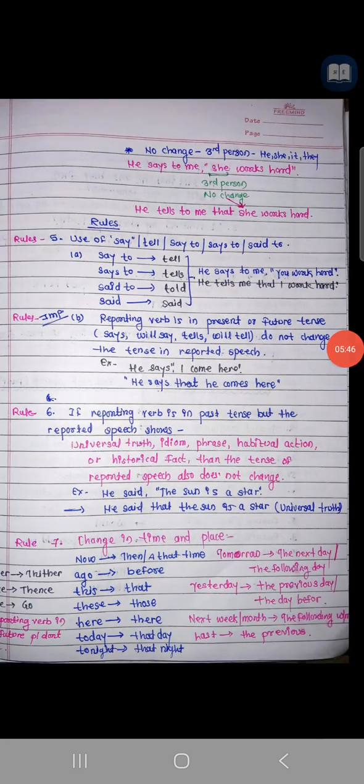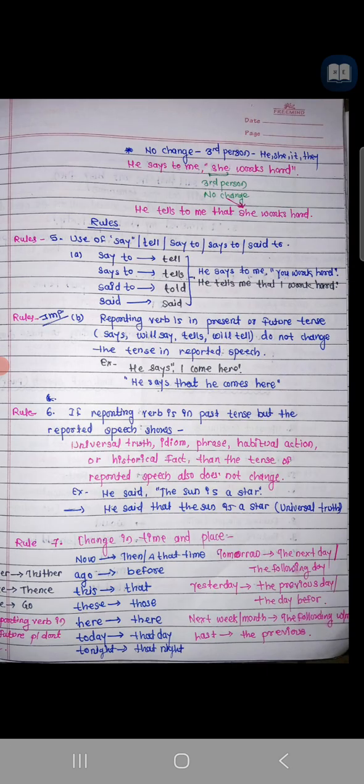Next, rule number 5: if the reporting verb is in present or future tense, do not change. Which reporting verbs are in present and future tense? Says, will say, tells, will tell.